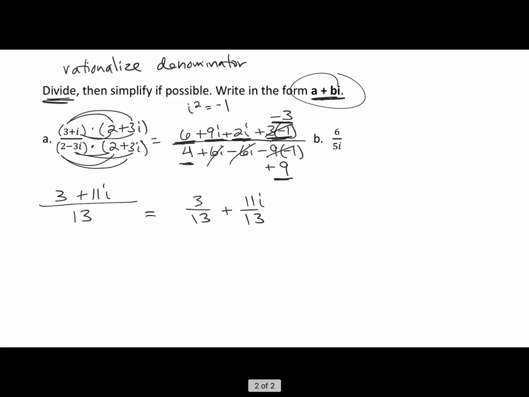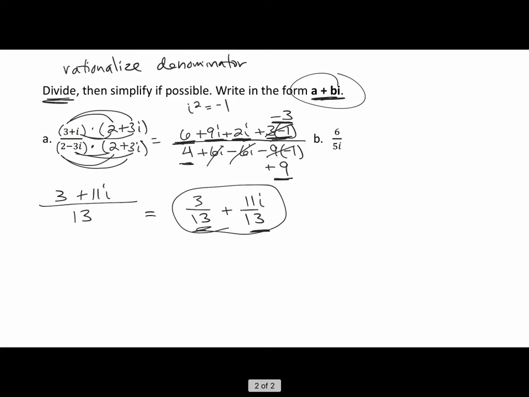And then we want to make sure it's in the a plus bi form, so the i is the second term there, and the fractions are both simplified. If we can't divide any factors, then that's all we need to know to say that that is the simplified division of those complex numbers.